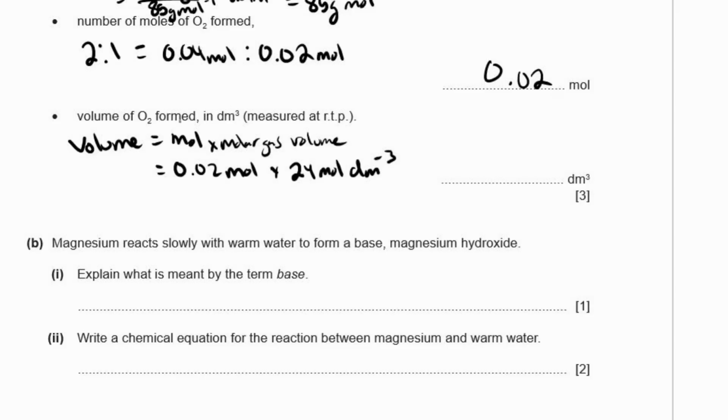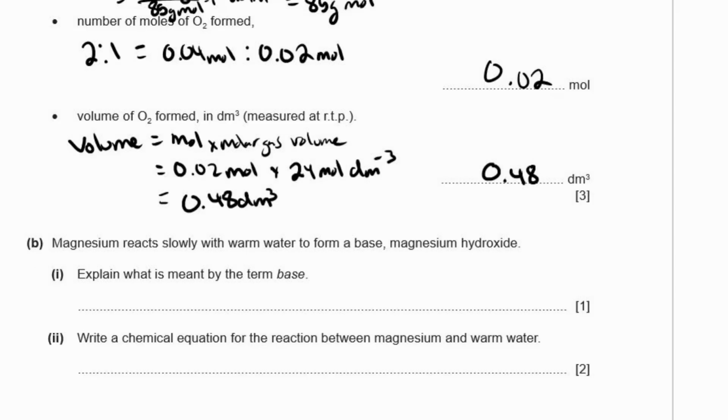Sometimes they want it formed in centimeters cubed, so you have to know how to convert between decimeters cubed and centimeters cubed. That's important. That's coming up a lot more often lately, I've noticed. All right, so the answer to that is 0.48 decimeters cubed.